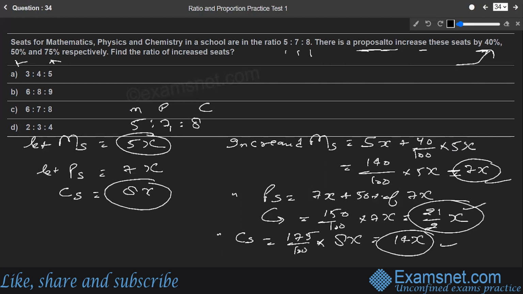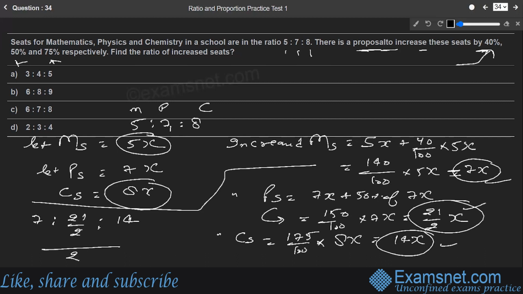Let us find their ratio, because that's what they had asked: find the ratio of the increased seats. The ratio has to be 7 is to 21 by 2 is to 14. If we simplify this by taking the LCM as 2, it becomes 14, 21, and 28.